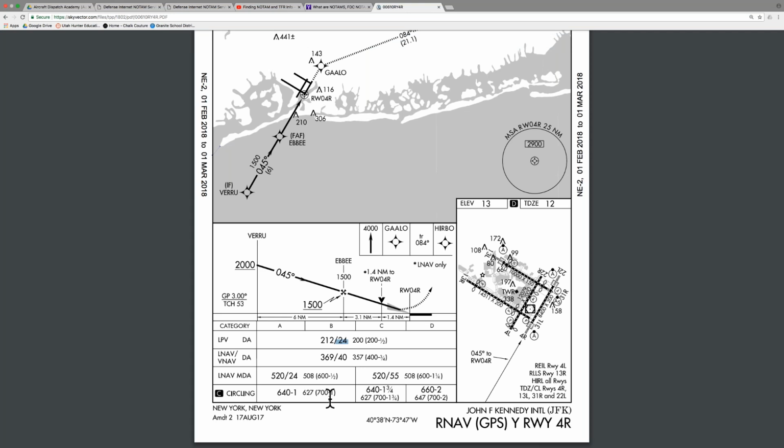Because it changes our minimums. The minimums, yeah. So instead of that runway being about a half mile, it goes down to a quarter.